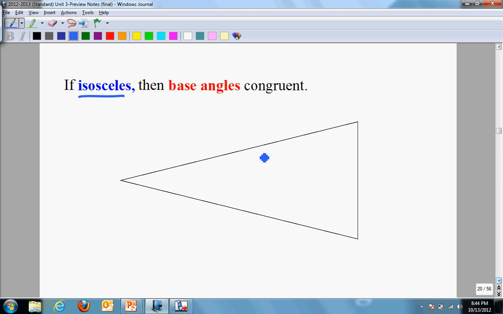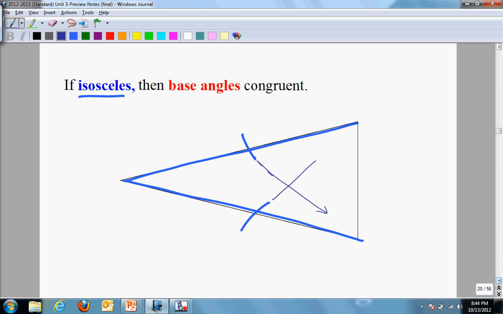If isosceles, so mark this isosceles, trace the two equal sides. If you have two equal sides, then follow this hatch mark with your eyeball. Draw a light arrow. Follow that hatch mark down. If you have two equal sides, you will get two equal angles. Two equal sides, two equal angles.